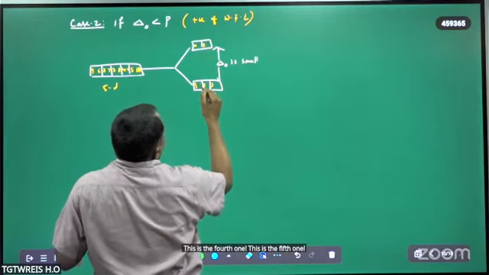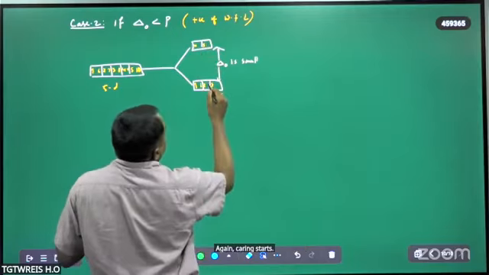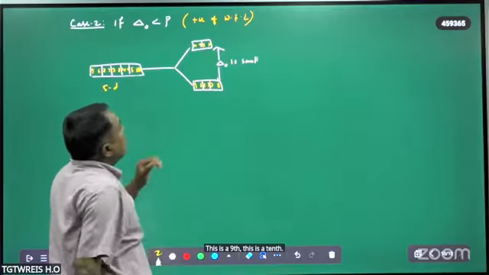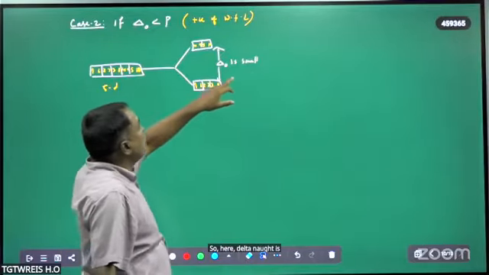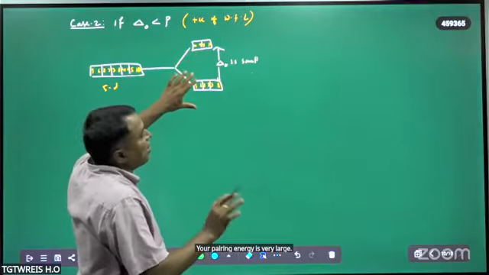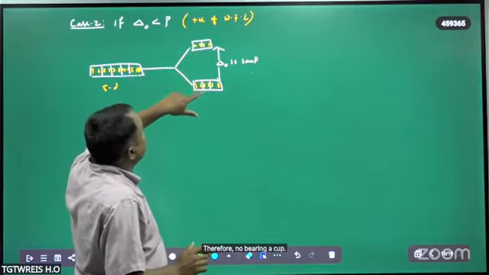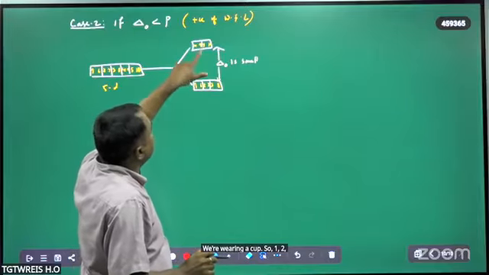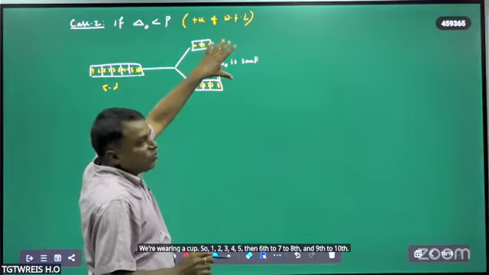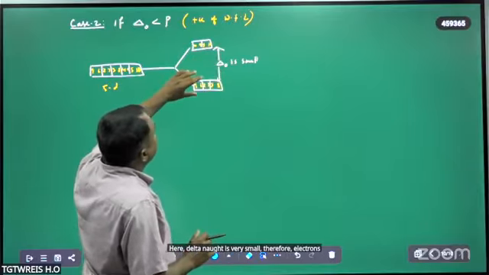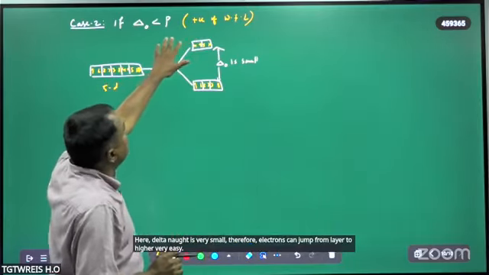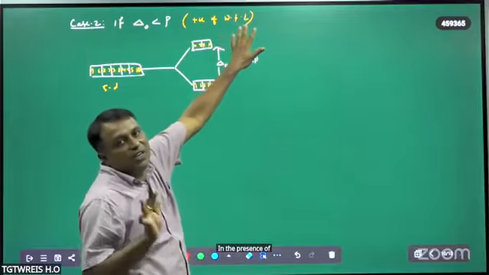Again pairing starts: sixth, seventh, eighth, ninth, 10th. Here delta naught is very small, therefore electrons can jump from lower to higher very easily. This will happen in the presence of weak field ligands only.